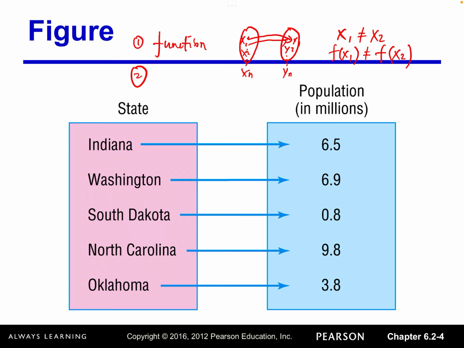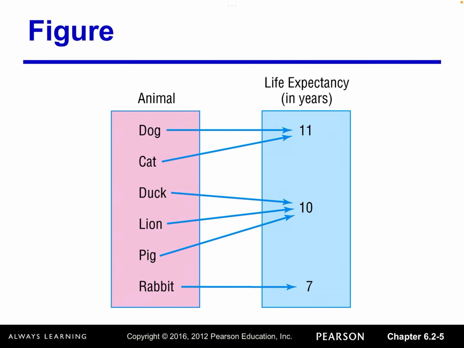From the map, you will see every element pairs with exactly one y, and every y pairs with exactly one x. This kind of map is a one-to-one function. Let's look at another one.